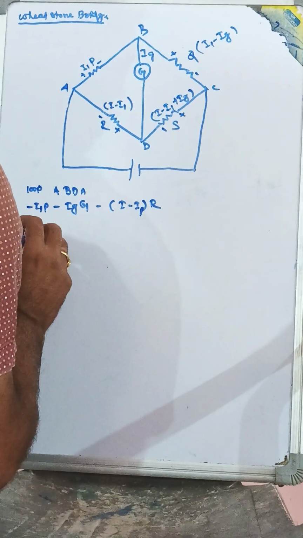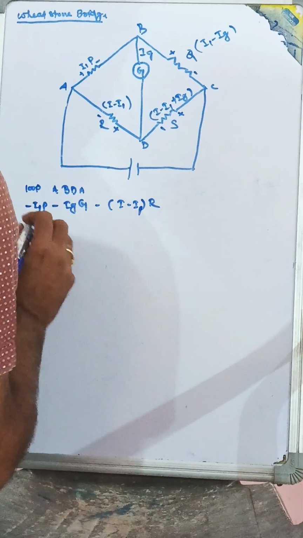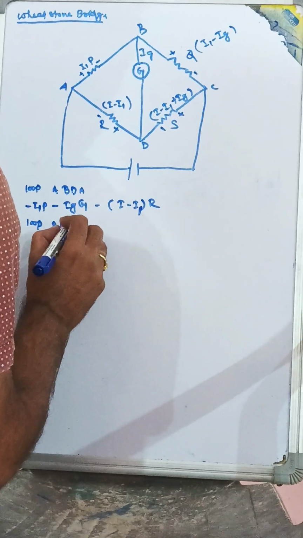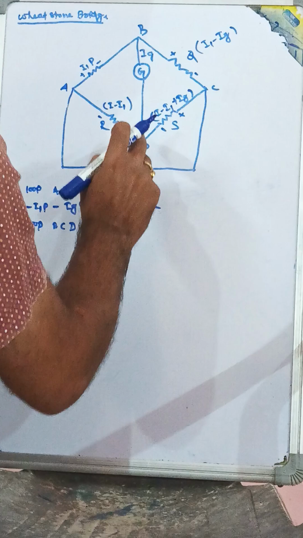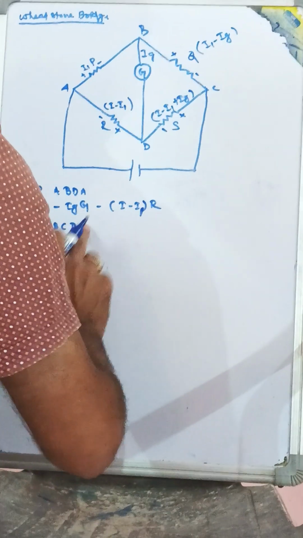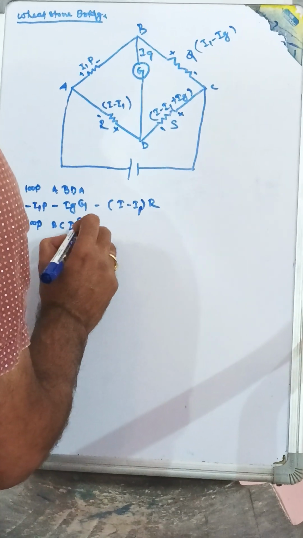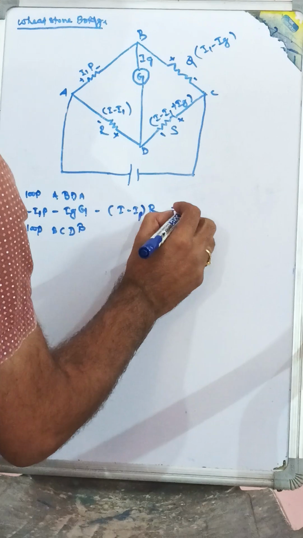Okay. Then loop B C D B, in BCDB is equal to 0.